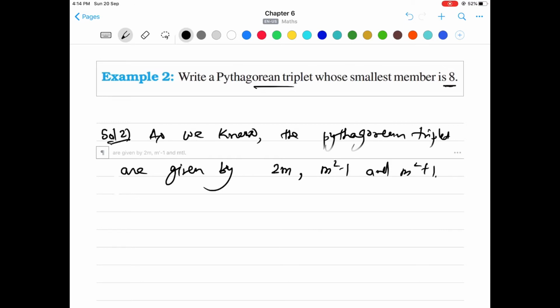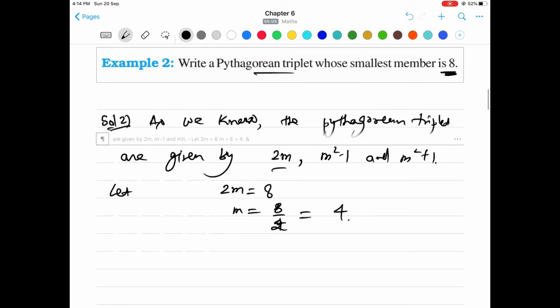Let's assume this 8 is equal to 2m. So let 2m equal the given number, which is 8. From here m will be 8 by 2, which equals 4. So the value of m here is 4.